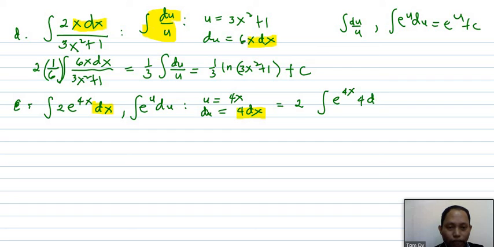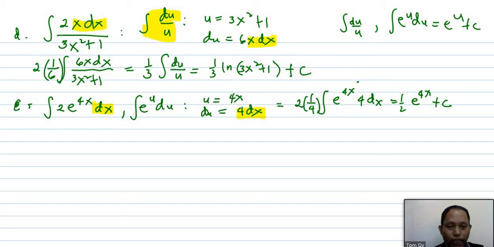And if I write here 4 dx, I will write the reciprocal of 4 here, 1 over 4. So 2 times 1 over 4 equals 1/2, and then e to the u plus c.